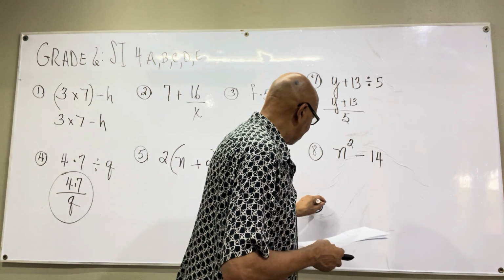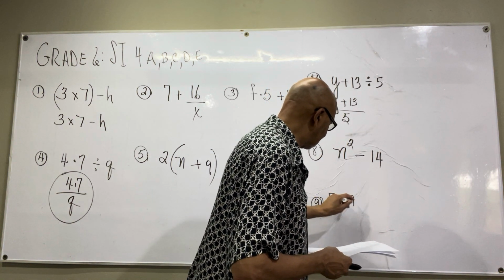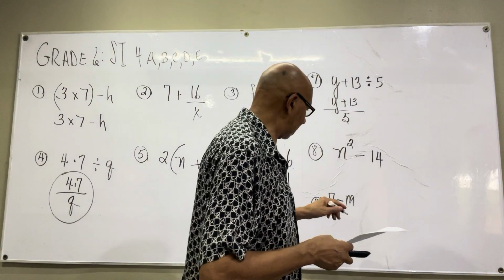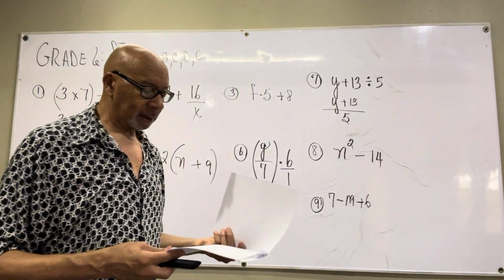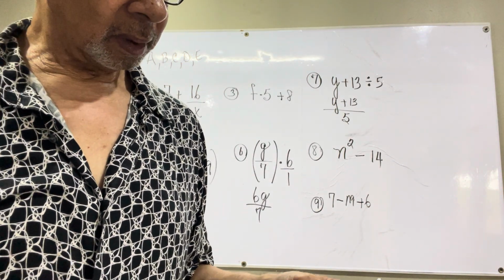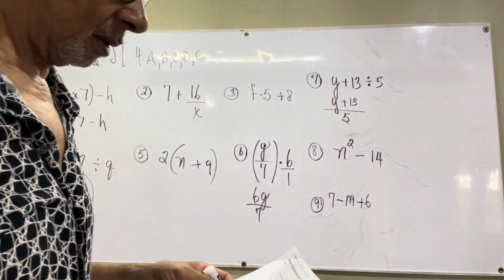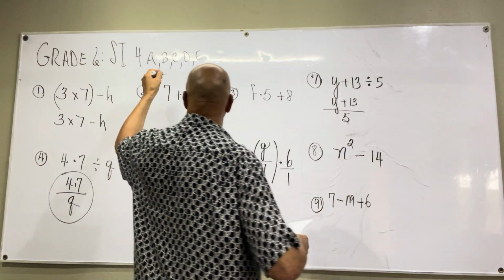Subtract m from 7. Then add 6 plus 6. So you're going to get some practice on that before we actually start using them. But that's under the heading, write expressions with variables. That's B.